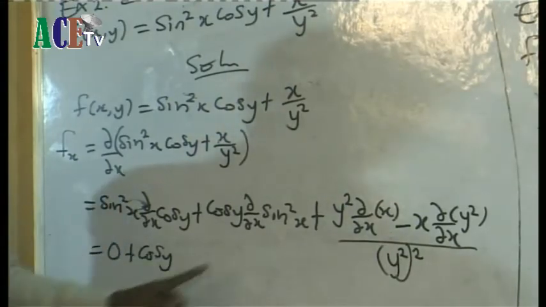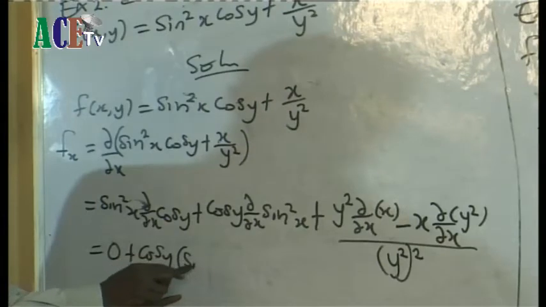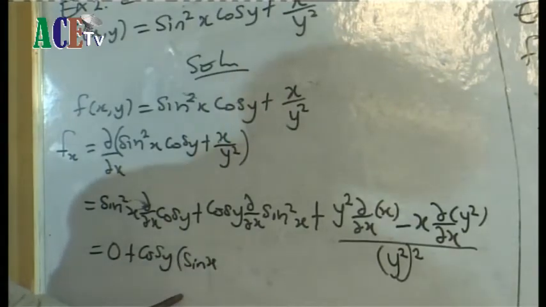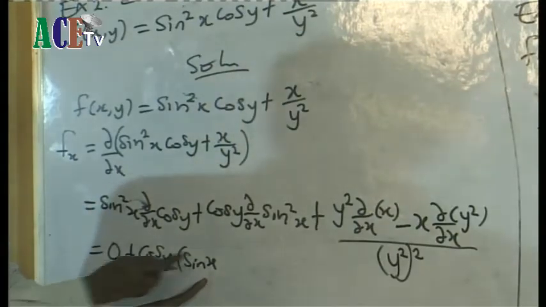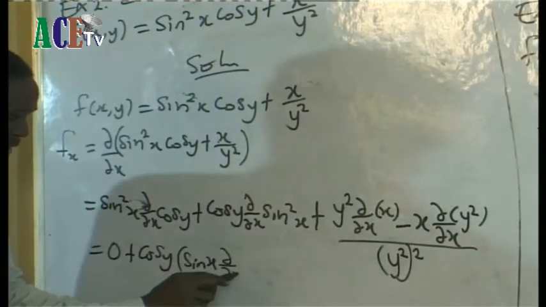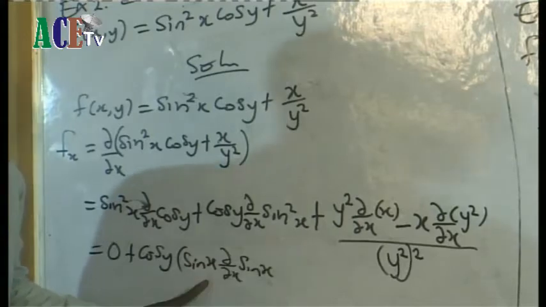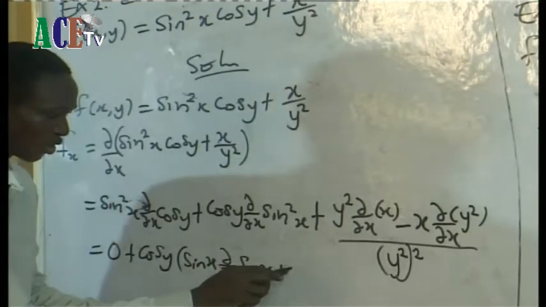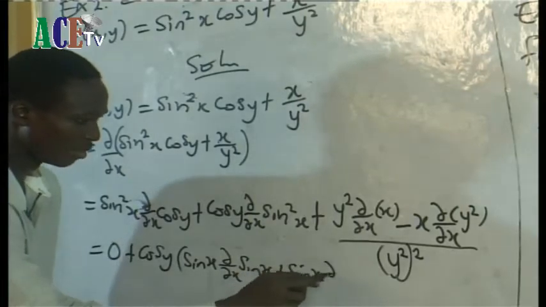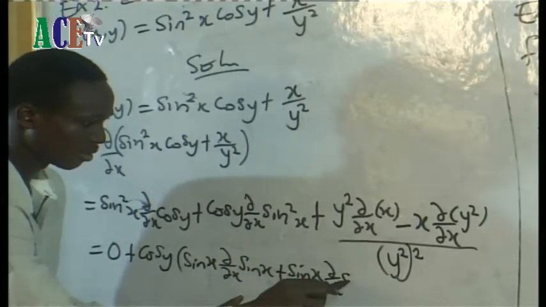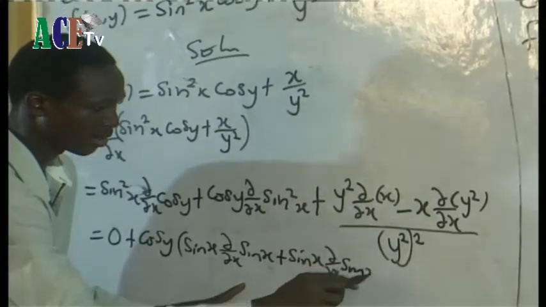Sine square x means sine x, sine x. Then I will differentiate sine x, sine x: the derivative of sine x, times sine x, plus sine x, times the derivative of sine x.